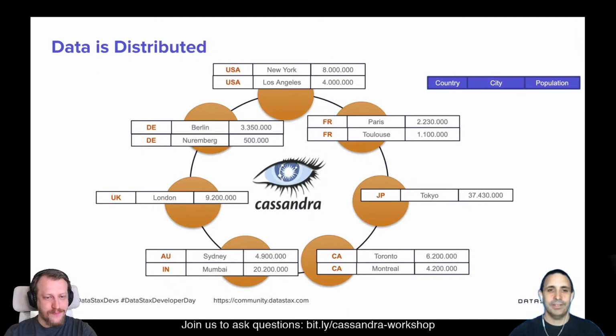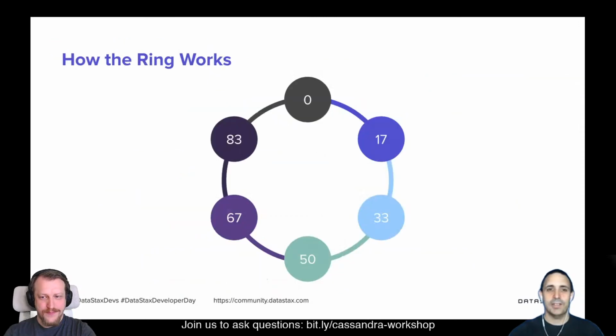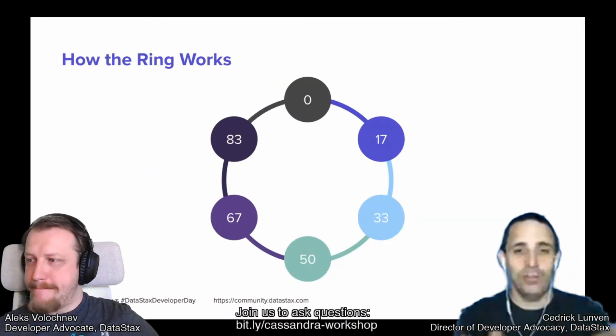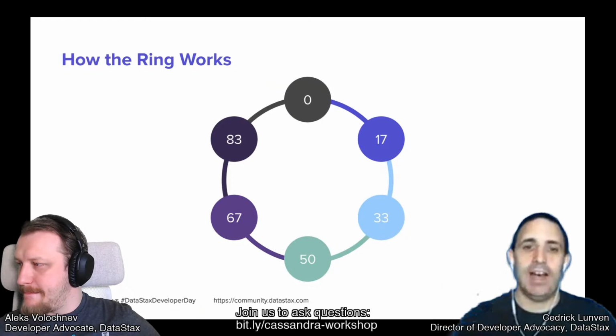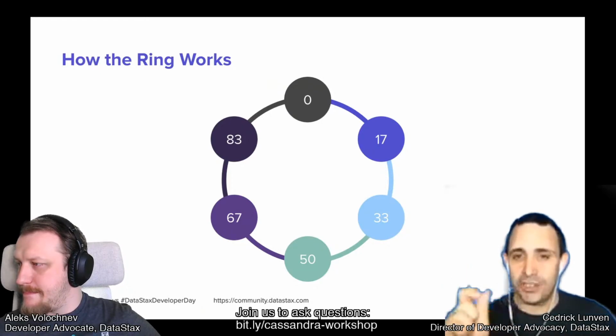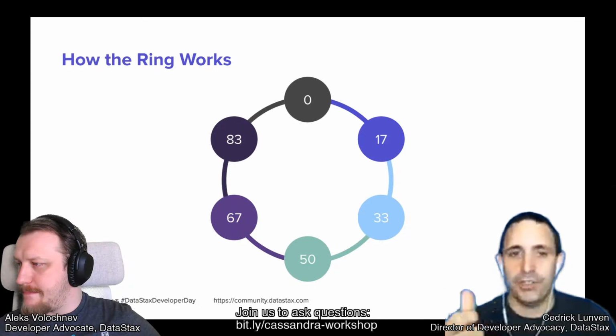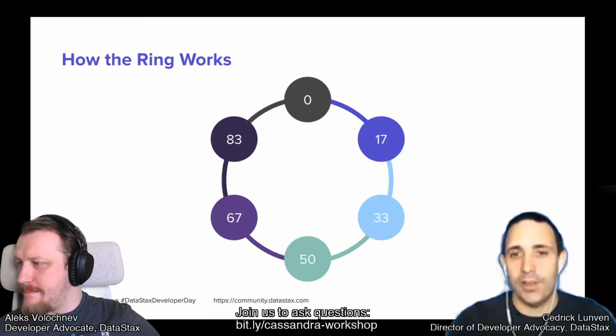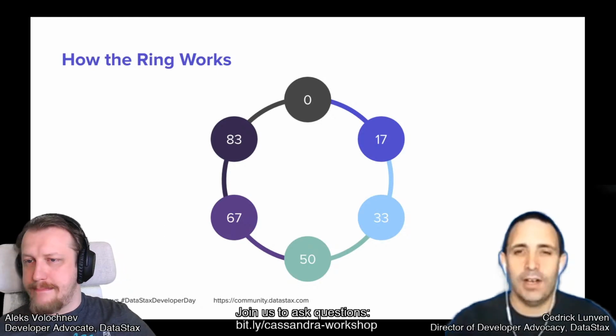Perfect. Thank you. Okay, so now let's think that I have distributed my partition values around my ring. And instead of the value of the partition key, we hash the value using a hashing function to get tokens. So what you see here are numbers, and colors are called token ranges.